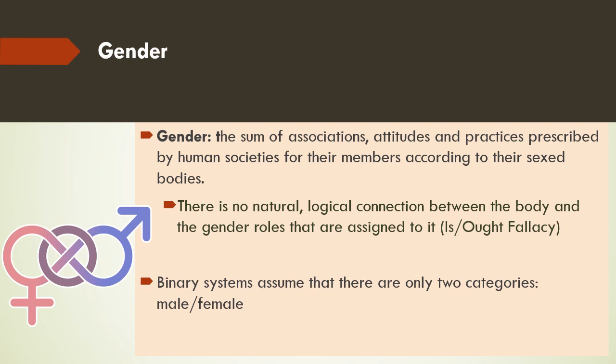Typically in American and European settings, gender is assumed to be binary. That is, most people assume there's a male category and a female category because they say there's a male body and a female body. But gender is much more complicated than that. And binary systems are not always the cultural system of every culture on Earth.